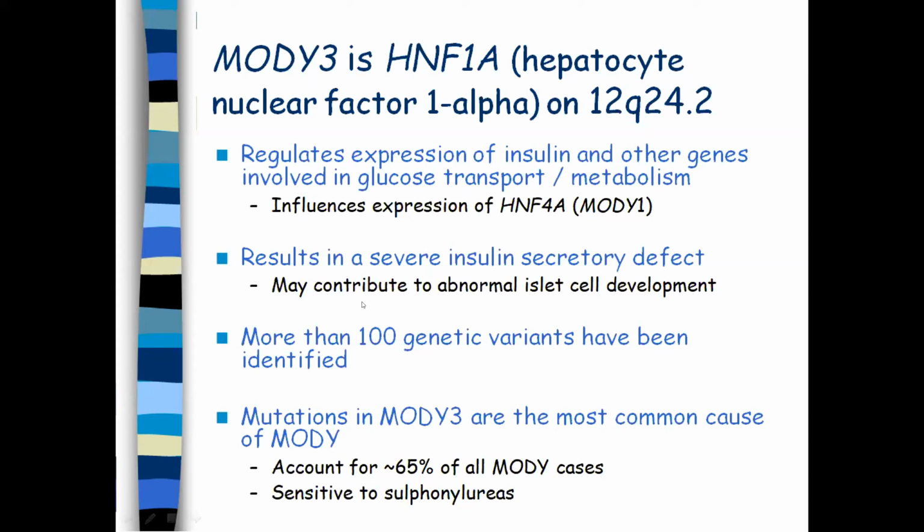Mutation in this chromosome region, 12q24.2, may result in abnormal islet cell development and severe insulin defect. More than 100 genetic variants have been identified which are associated with MODY3, and mutations in MODY3 are the most common cause of maturity onset diabetes in the young, accounting for around 65% of the total cases.